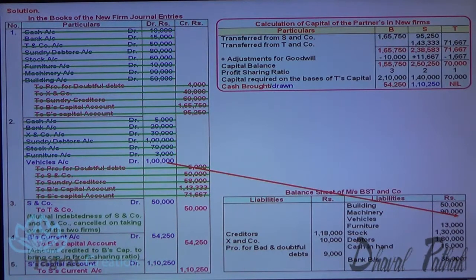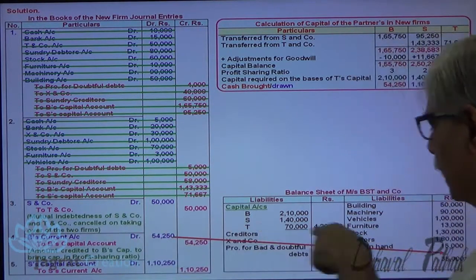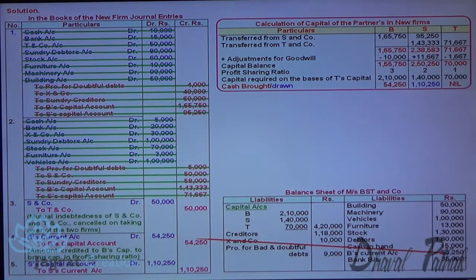Now, vehicles. Now, capital is to be recorded, fixed capital, 2,10,000, 1,40,000 and 70,000. So this is the fixed capital recorded. Now, after recording this fixed capital, B's current account debit balance will appear on the asset side, and S's current account credit balance 1,10,250 will appear on the liability side.